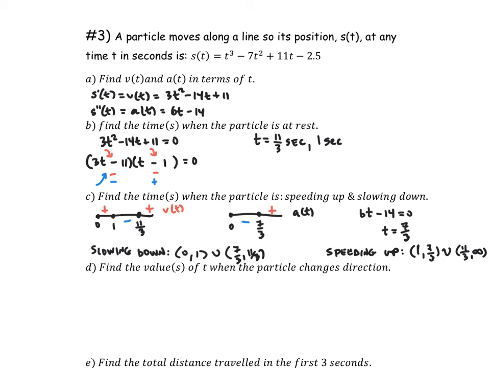Find the values of t when the particle changes direction. This isn't that challenging, because the velocity changes sign at all of its zeros. The particle is moving to the right for 1 second, moving to the left from 1 to 11/3, and then moving back to the right.